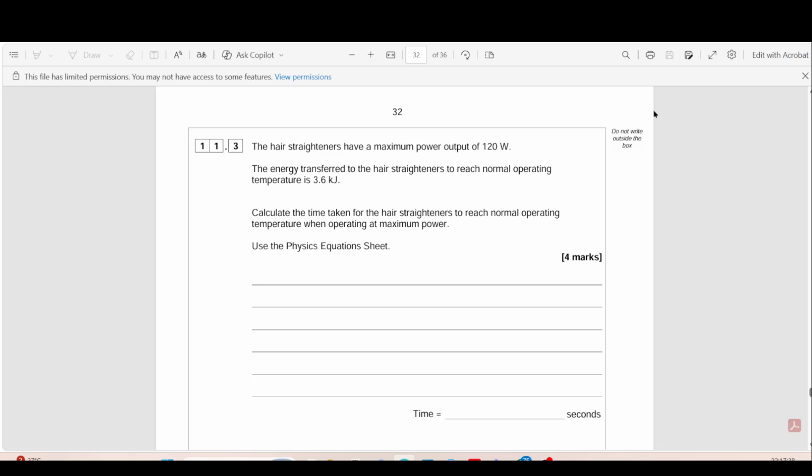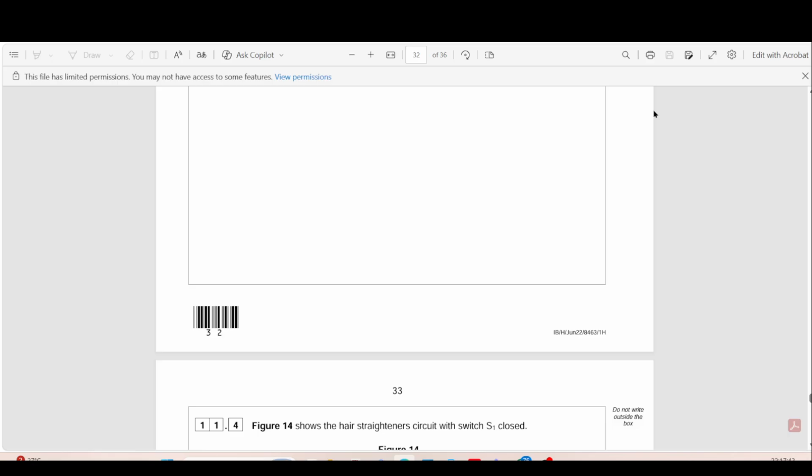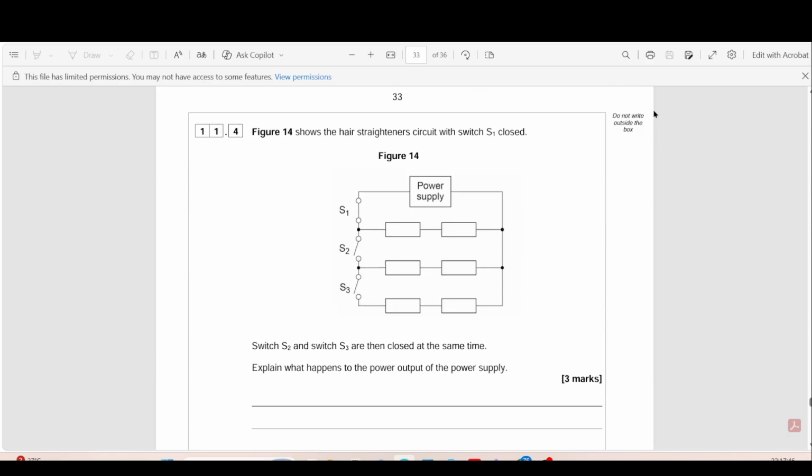Figure 14 shows the hair straightening circuit with switch 1 closed. Switch 2 and switch 3 are then closed at the same time. Explain what happens to the power output of the power supply. When switches S2 and S3 are closed at the same time, total resistance will decrease by adding more parallel branches, because they are connected in parallel, not in series, in a line.